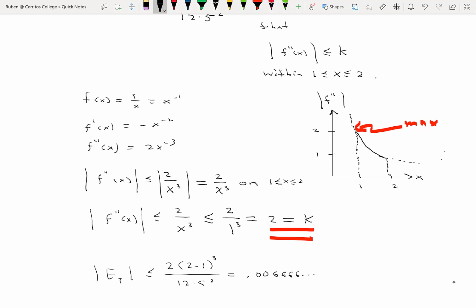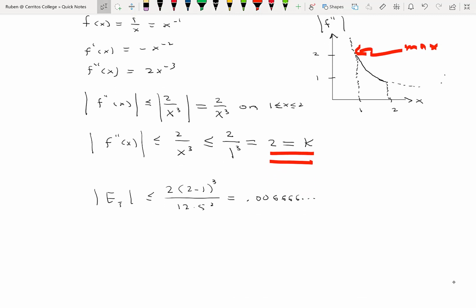Okay, now let's take a look at what this means. Think about the definition of error. The definition says you're taking your true value, the actual value of the integral, minus whatever your estimate is. And when you subtract those two things, you get your error. And look what happens when we subtract those two things.